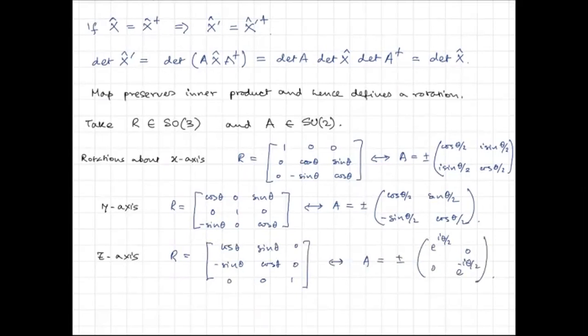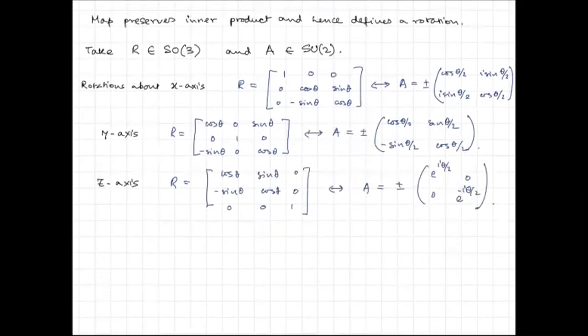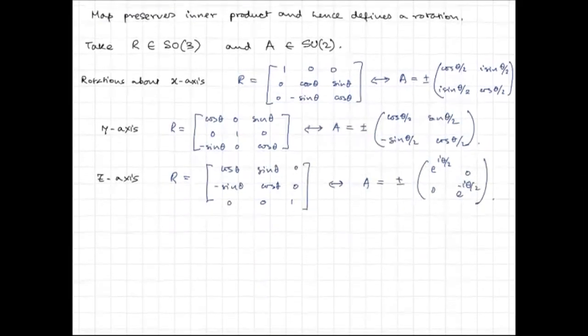So the thing that you have to notice here is that for every element of R, there are actually two such things of SU2. So the relation that you get at the end of the day is that SO3 is actually SU2 modded by Z2.